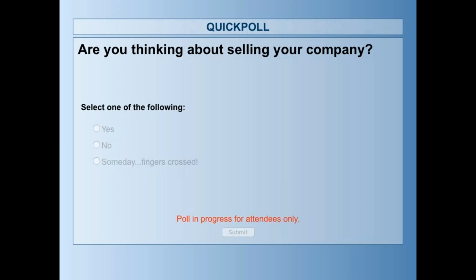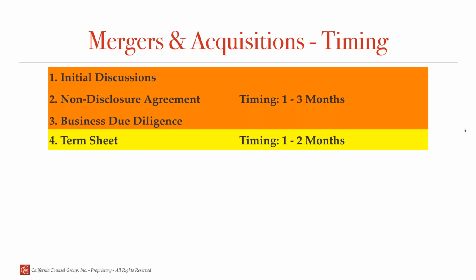After the term sheet's signed, the intensity will often ratchet up, and the parties will do legal and business due diligence, more in-depth diligence, and work on the definitive documents. That can take 1 to 3 months, or a lot longer. Or Bear Stearns was sold in a weekend, so it can be shorter too. But this is typical.